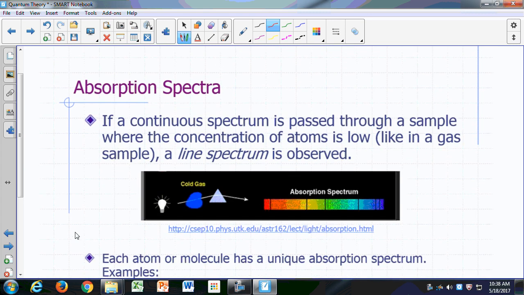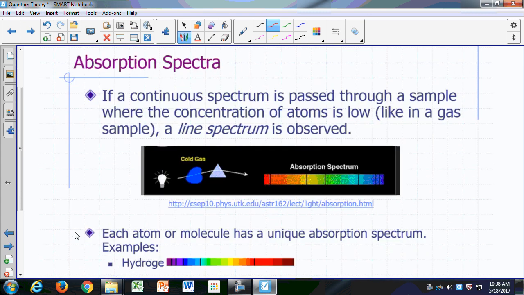Now, imagine you had a continuous light source, a continuous spectrum like a lamp here, your light bulb. You pass it through a cold sample where the concentration of atoms is low. So this cold gas right here has a low concentration of atoms. You pass the light through it, and then you examine the light that comes out and split it into its component wavelengths.